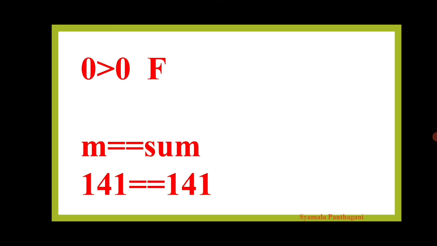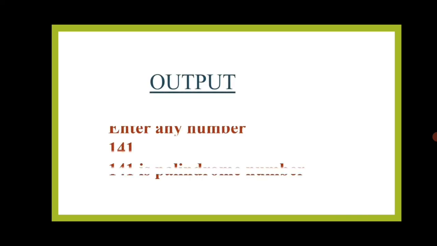Here two values are equal. That's why the control executes the true block. Now what is the output here? Output is: enter any number. I have entered 141. 141 is a palindrome number.